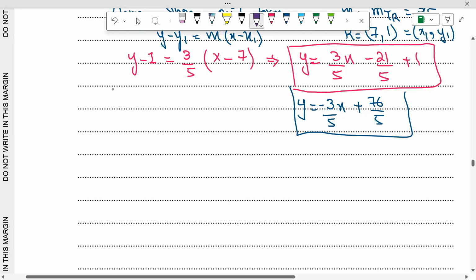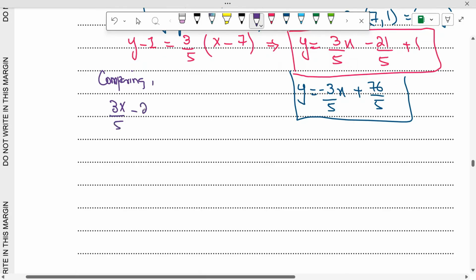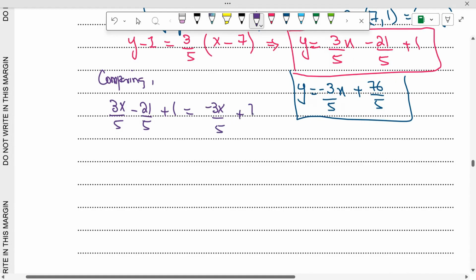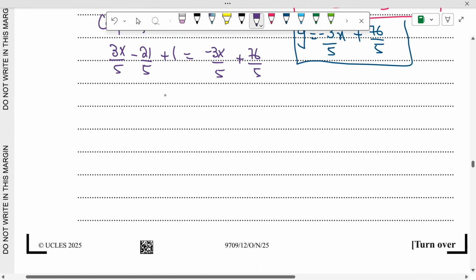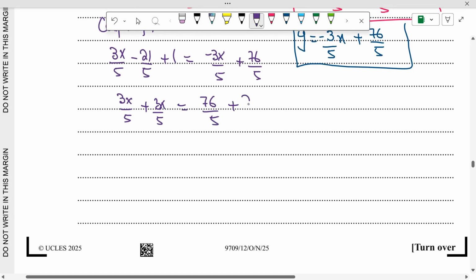So equating, we will have 3x over 5 minus 21 over 5 plus 1 equals negative 3x over 5 plus 76 over 5. Further solving, we will have 3x over 5 plus 3x over 5 equals 76 over 5 plus 21 over 5 minus 1.